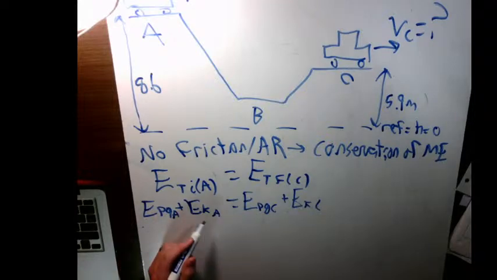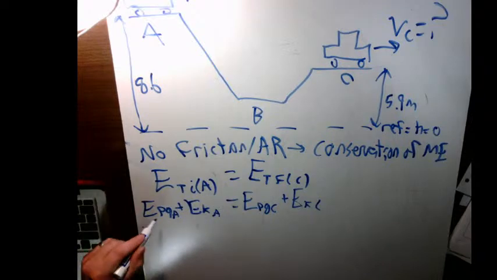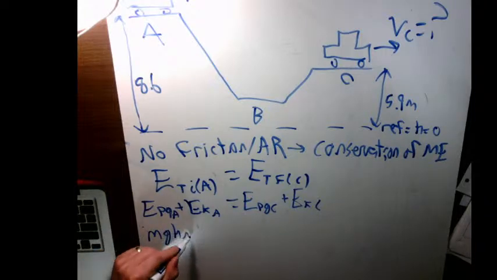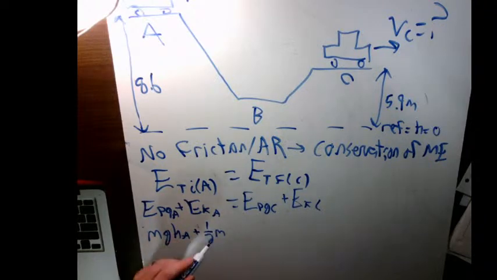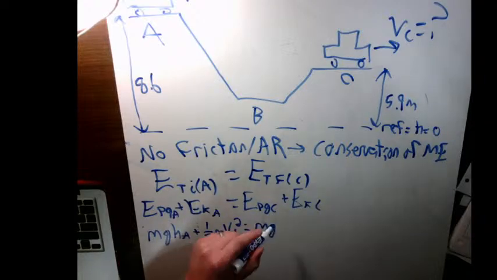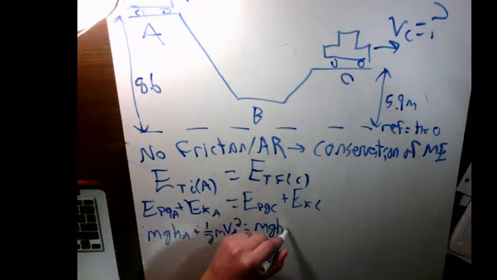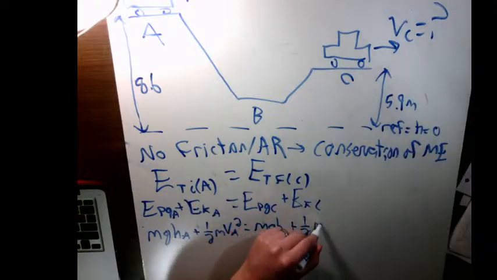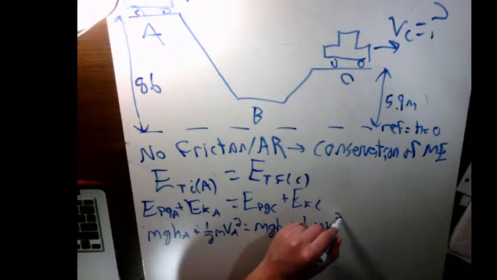by breaking it up into its formula. So we got gravitational potential energy is mass times gravity times height at A plus half of mass times speed at A squared is equal to mg h at C, which is 5.9 there, plus half of m vC squared.